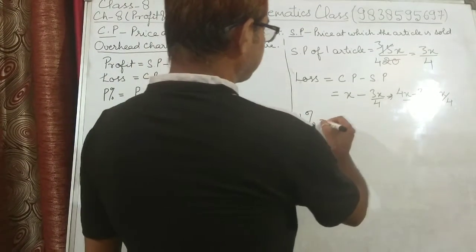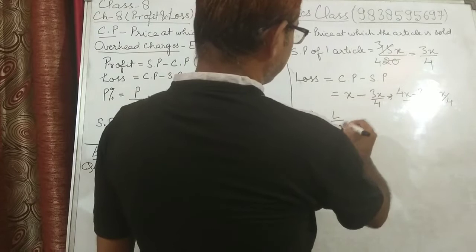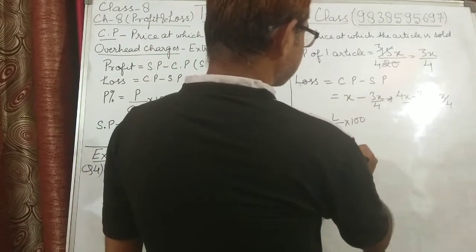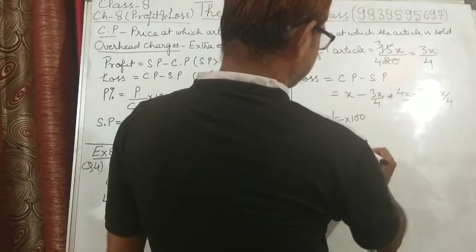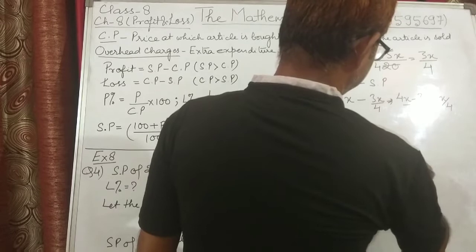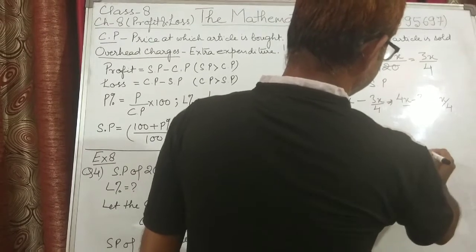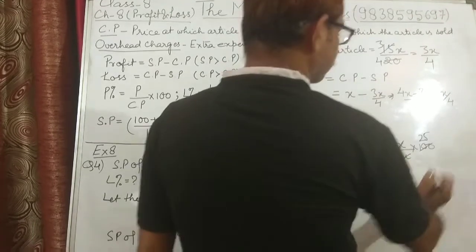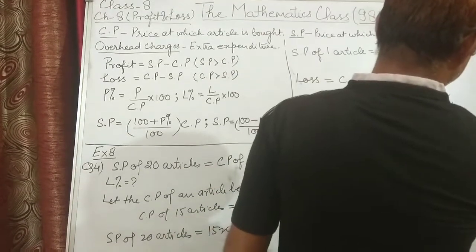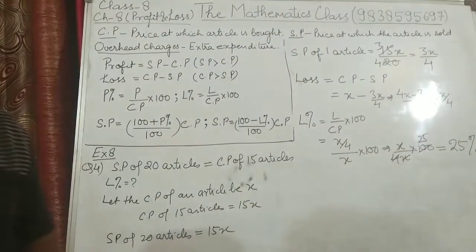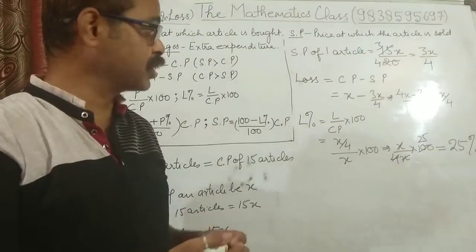We know that loss percent is loss upon CP into 100. Loss is x upon 4, CP was x, into 100, which can be written as x upon 4x into 100. x and x cancel, 4 25s are 100, so there is a loss of 25%. That is question number 4.